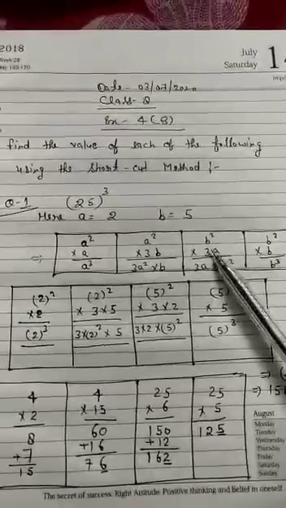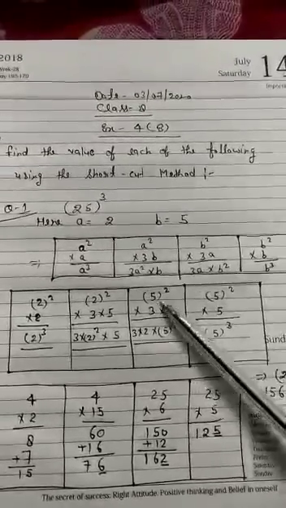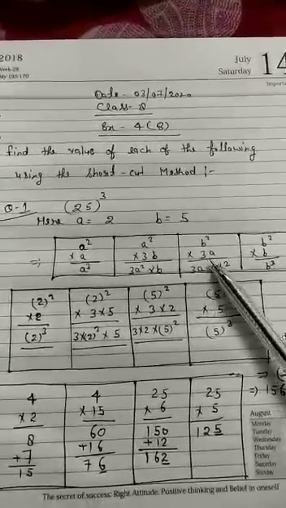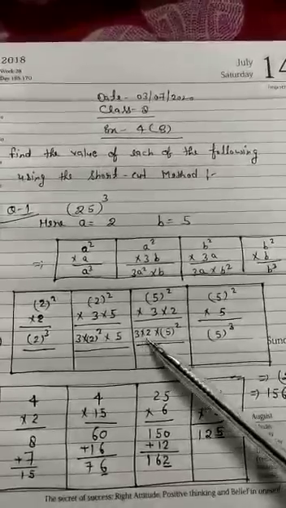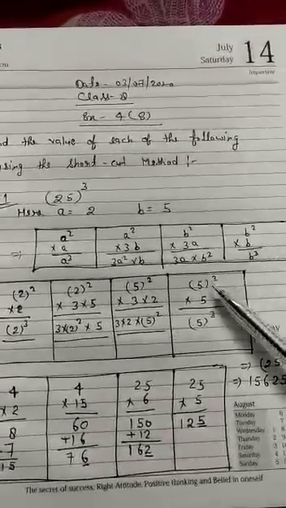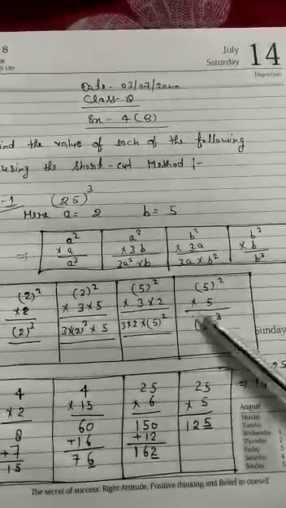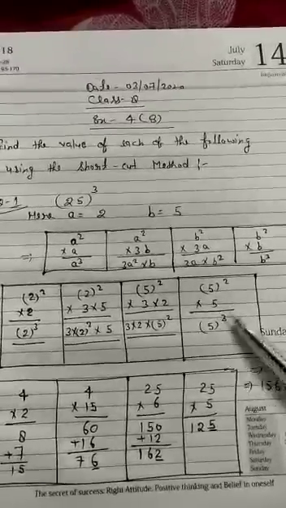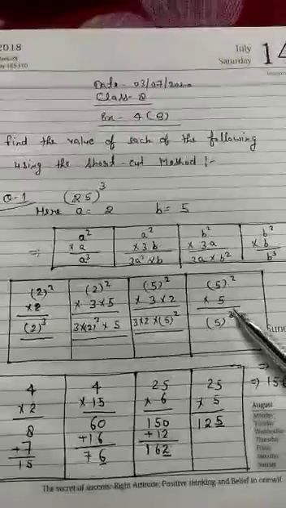Next, B to the power 2 means 5 to the power 2, into 3 multiplied by A, that is 3 multiplied by 2. So 3 multiplied by 2 into 5 to the power 2. In the last block, B square multiplied by B is B to the power 3, that means 5 to the power 3.